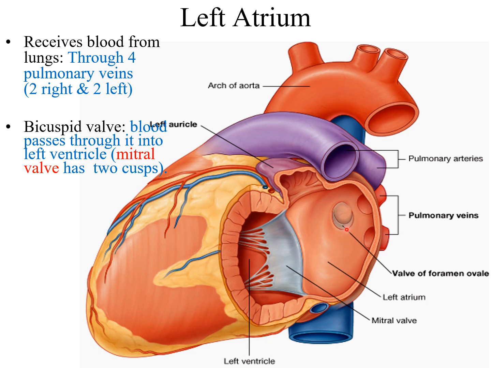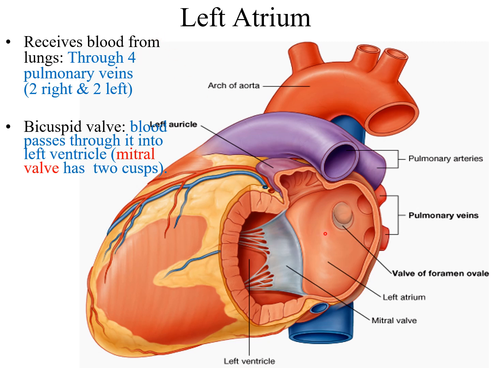We can also see the other side of the interatrial septum, which has the valve of the foramen ovale and the fossa ovalis area. Then we can see the pulmonary veins opening. There are four pulmonary veins, two superior and two inferior, opening into the left atrium over here. The left atrium is connected to the left ventricle through the left atrioventricular opening, guarded by the bicuspid valve.